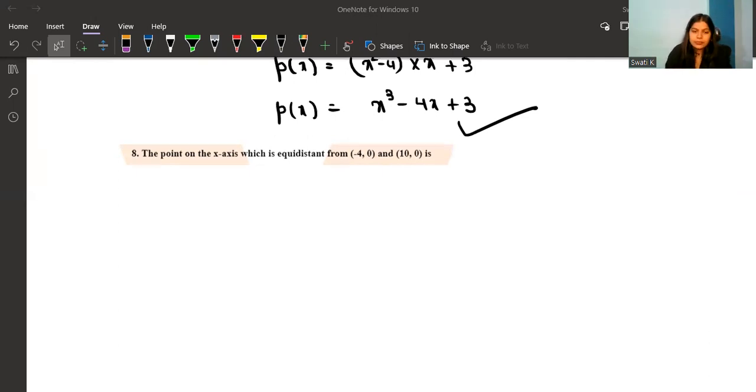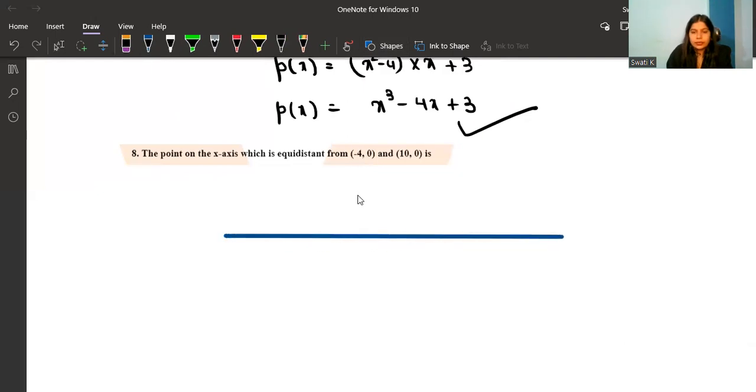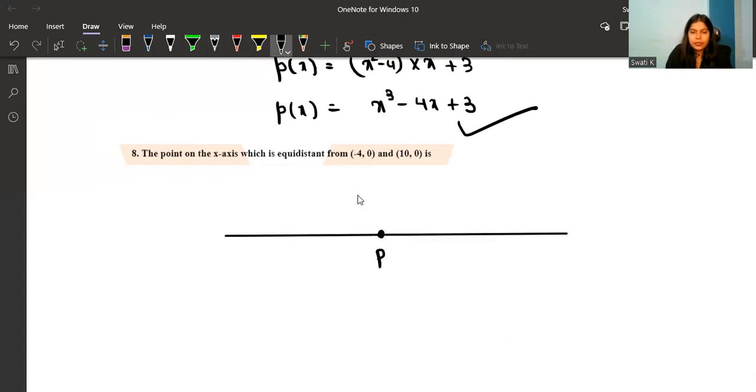So first, let us draw a line. I'm just drawing a line here. Here it says the point on the x-axis. Imagine this is the x-axis. There is a point, let us take that point as P, which is equidistant from (minus 4, 0).